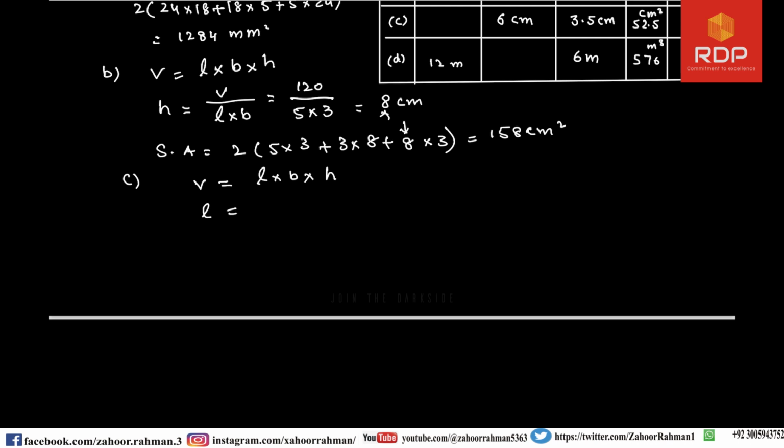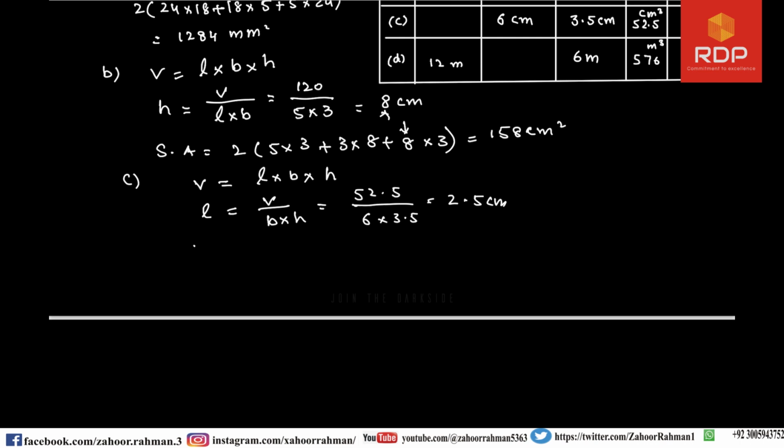So length is equal to V divided by B into H. V is given to us as 52.5 centimeter cube, and breadth is 6, and height is 3.5. So when we calculate it we will get what? We will get 2.5 centimeter.